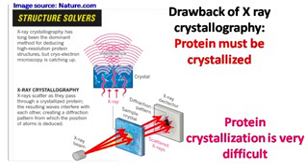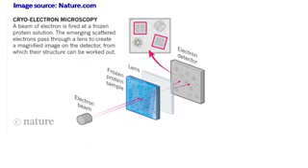Because of these drawbacks, people started searching for alternative methods to obtain the 3D structure of proteins. This was cryo-electron microscopy. In this method, a beam of electrons is fired at a frozen protein solution. As the electrons get scattered and diffracted, they pass through electromagnetic lenses which create a magnified image on the detector.